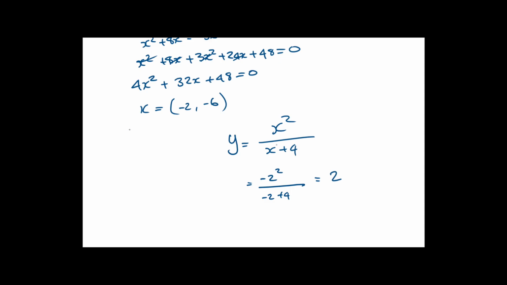So one of the points is (-2, 2). Now let's evaluate where x is -6. So -6 squared is 36 over -2, which is negative 18.